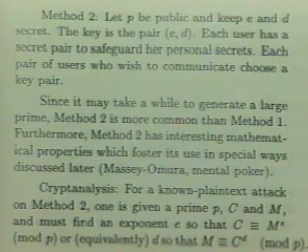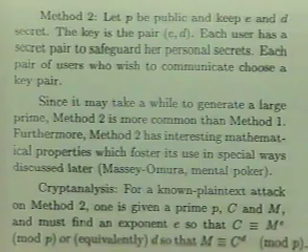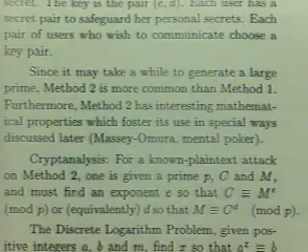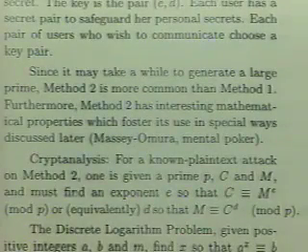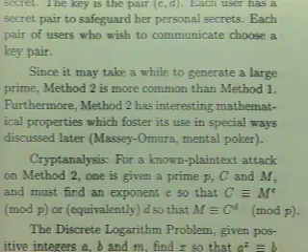There is an algorithm called the extended Euclidean algorithm, which lets you calculate d from e and p. So also method 2 has some interesting mathematical properties that we will see in just a moment.